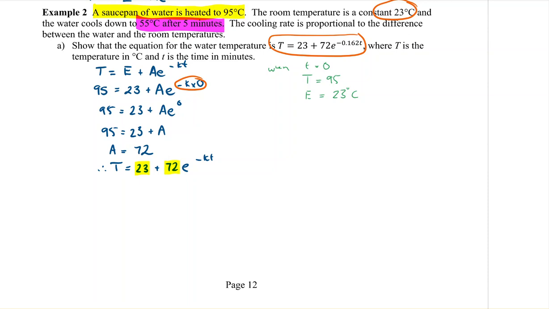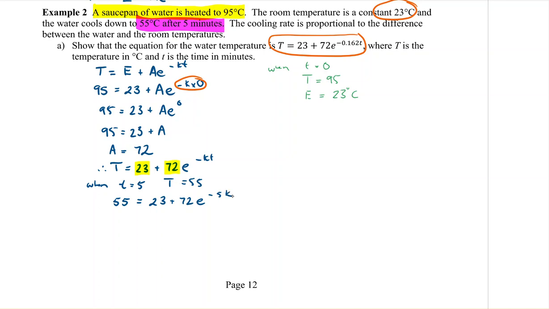The pink bit of information, the second bit of information, was when time was equal to 5 minutes, our temperature has now come down to 55 degrees. So if we sub that in, what do you think we're going to be finding now? Excellent. So capital T is 55, our environment temperature 23, plus 72 for our A, e to the minus 5k.